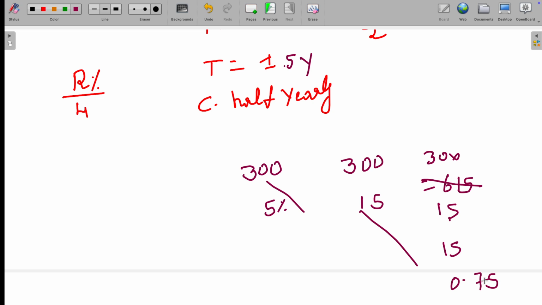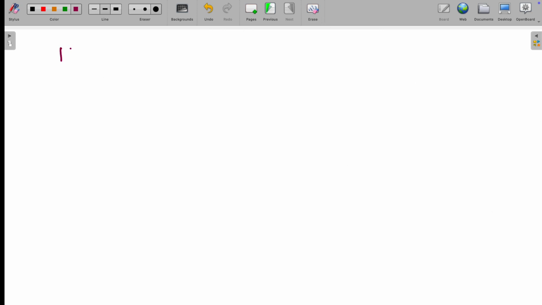If it is quarterly, a 12% rate of interest becomes 12 divided by 4. Understood? I will write one more question. The principal is 12,000, the rate of interest is 12%, the time is 9 months, quarterly. Then first step, divide the rate of interest by 4, which gives 3%.